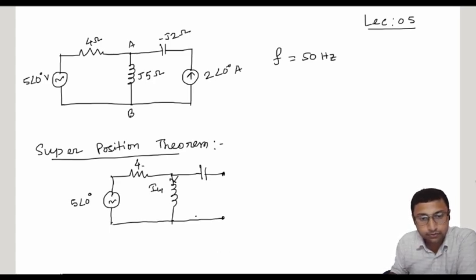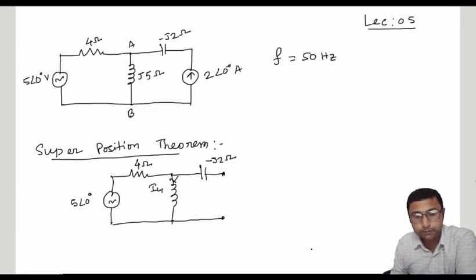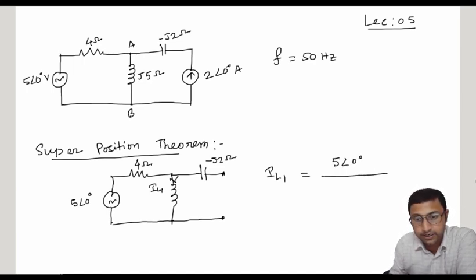This is 4 ohm and this is minus J2 ohm, and this is the open circuit terminal. Now what is the value of IL1? Simply the supply voltage divided by the total impedance. That means 5 at an angle 0 degree divided by the total impedance.